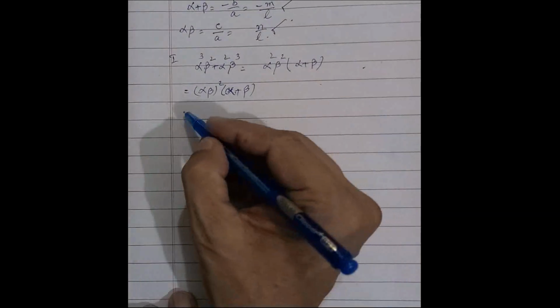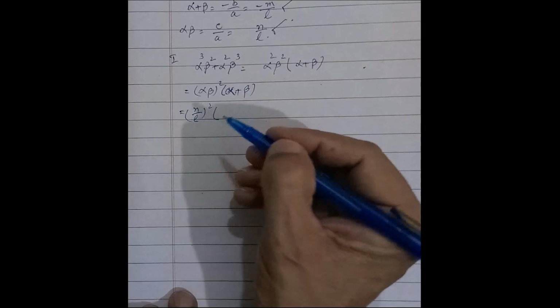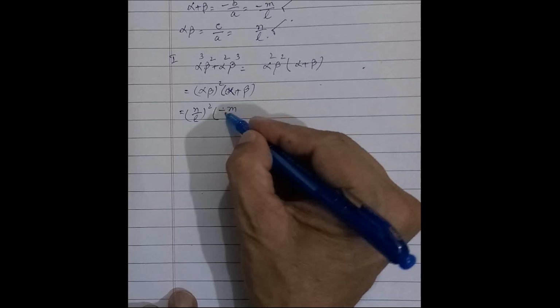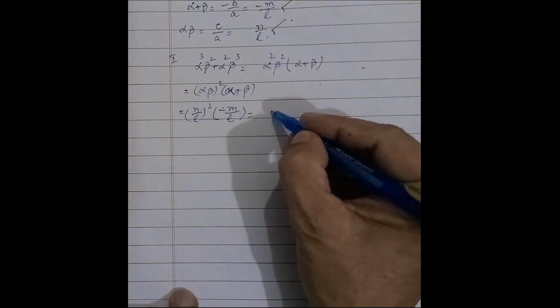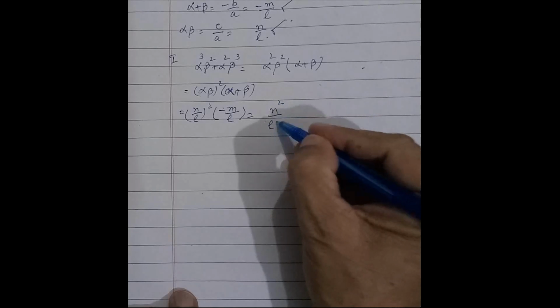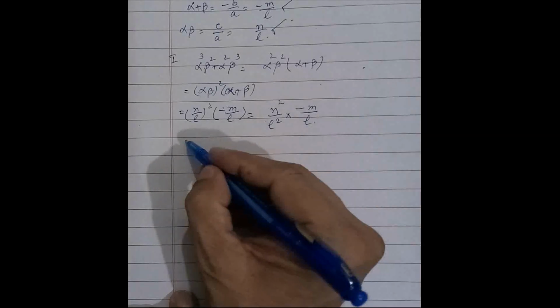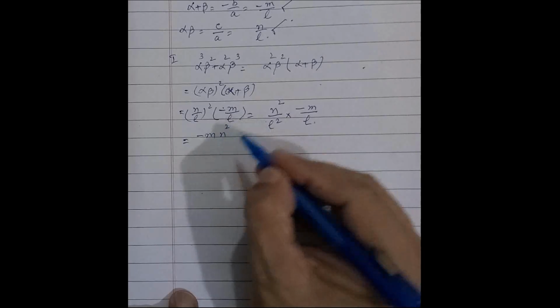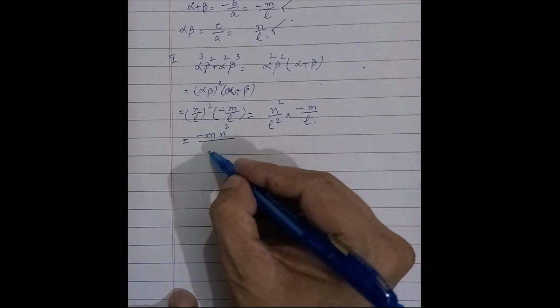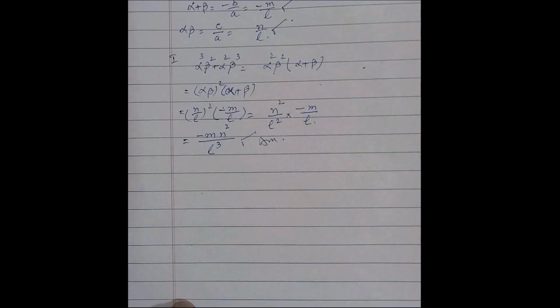We get n over L whole square into minus m over L, and simplifying, we get n square over L square into minus m over L. The answer is minus m n square over L cube, and it is the answer of part 1.